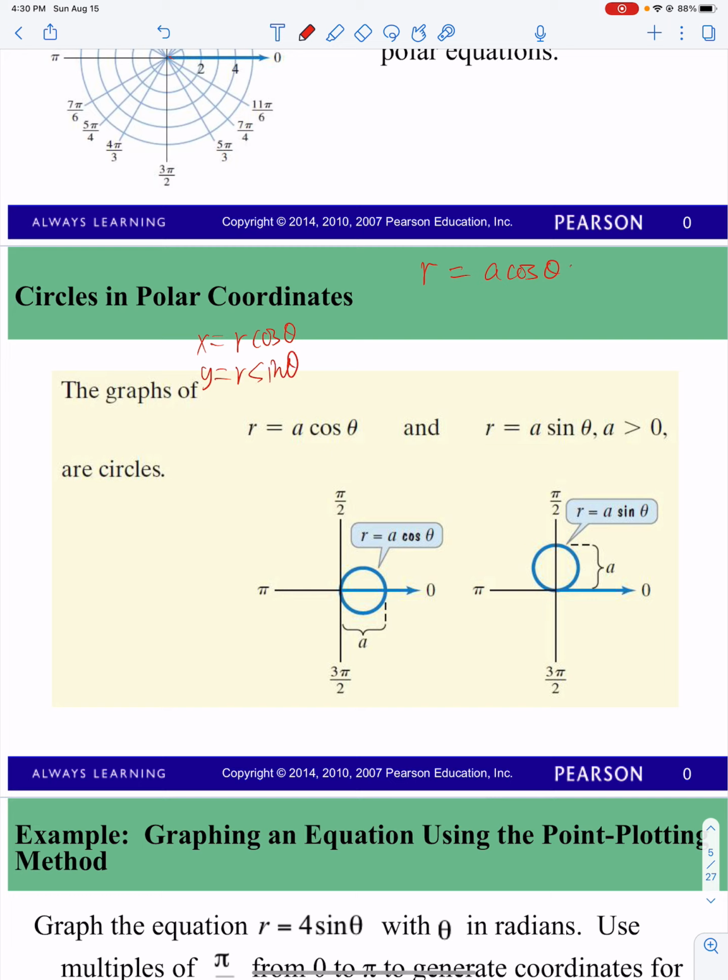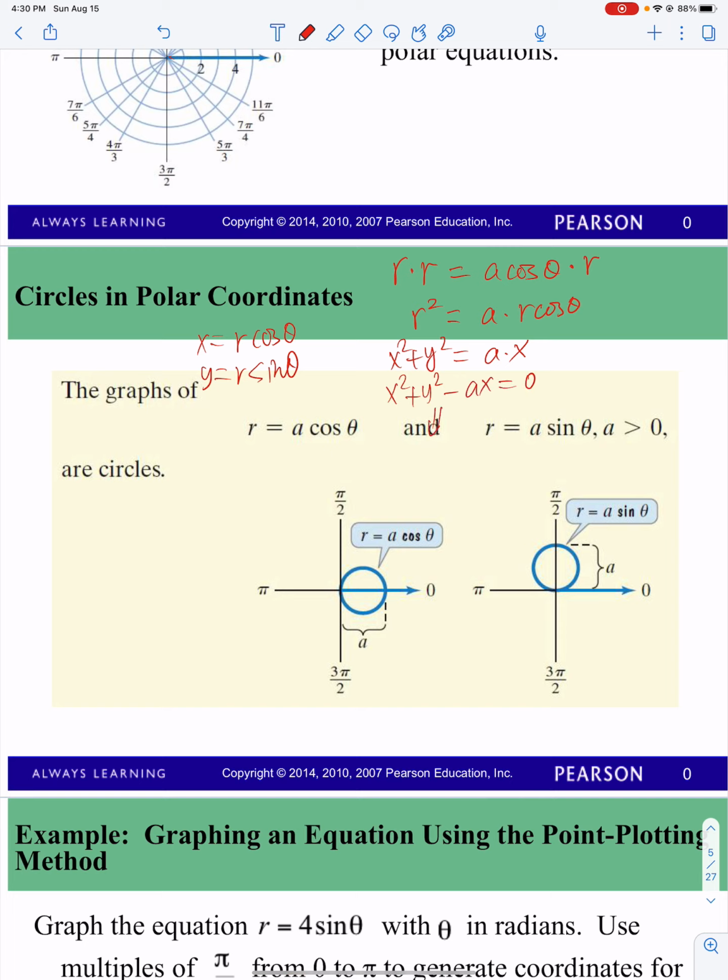You multiply r on both sides, you get r squared equal to a times r cosine theta. R squared is x squared plus y squared, equal to a times what? x. So then you will know x squared plus y squared minus ax equal to 0.